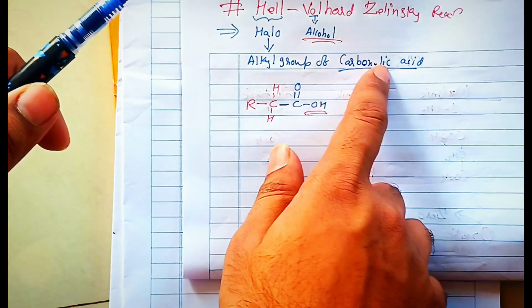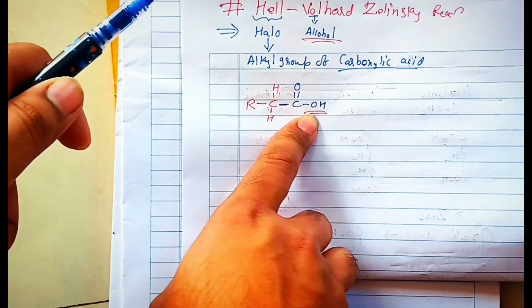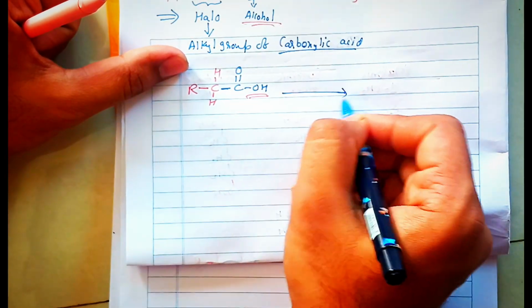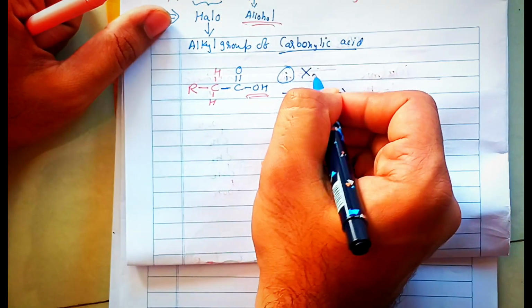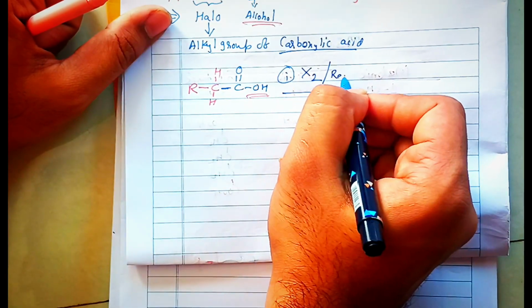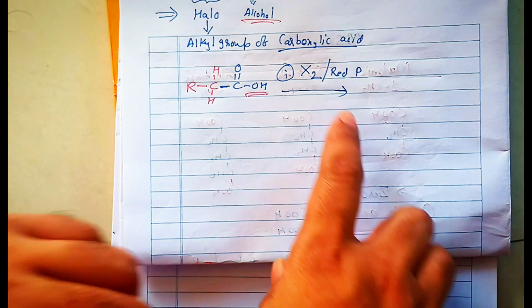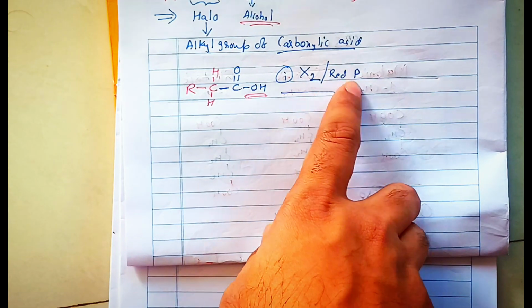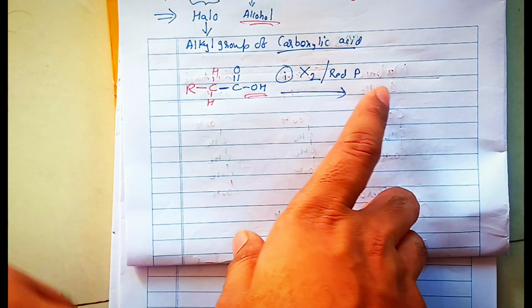Alkyl group carboxylic means alkyl group carbonyl alcohol. Okay, you can remember this. Then first, the halo means X2 in the presence of red phosphorus, red P. Here I will remember Rishabh Pant, RP, XRP.